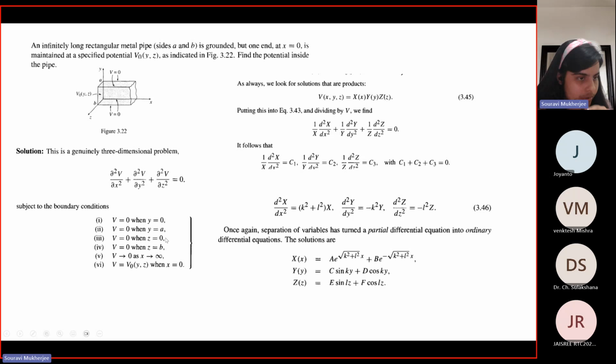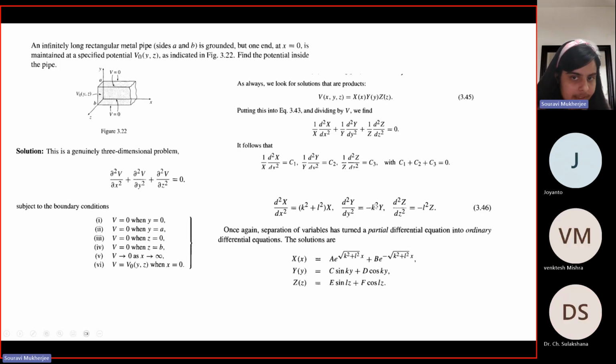That means it should have some sinusoidal dependence, right? So that's why we take this minus k square for the y variable. Similarly, for z, you see that V goes to 0 at z equal to 0 as well as z equal to b. So that's why we again have a minus l square constant with z.